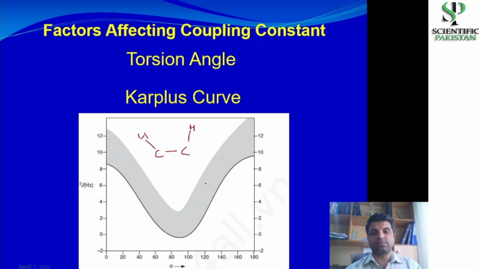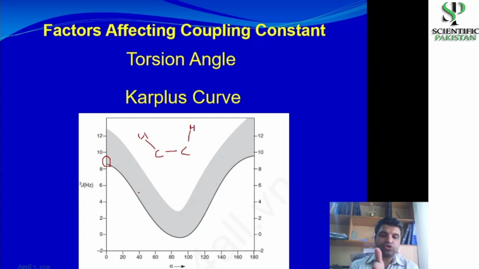And Karplus curve gives you a correlation between the dihedral angle, the torsion angle, and the coupling constant value. So you have this curve, and you can see that when the torsion angle is 0, the coupling constant value is around 8 hertz or 9 hertz. But as soon as it increases from 0, it goes down.